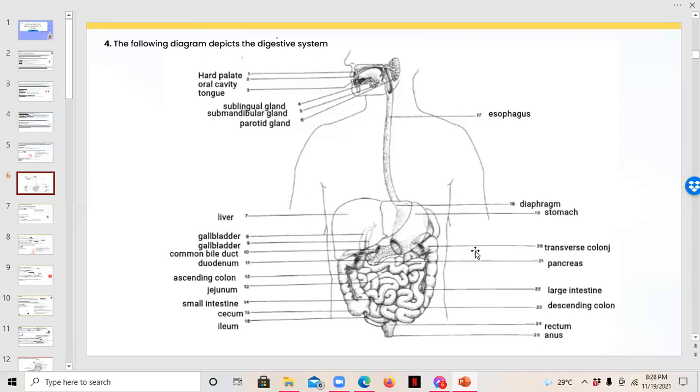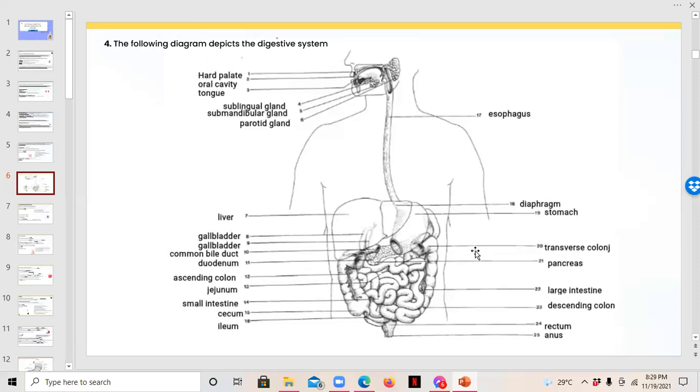Number 19, transverse colon, is a segment of large intestine that passes horizontally across the abdomen and sits beneath other organs in the abdominal cavity. Number 20, pancreas is an organ located in the middle abdomen. Number 21, the large intestine is the portion of the digestive system most responsible for absorption of water from the ingestible residue of food.